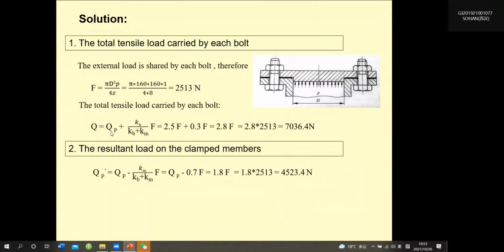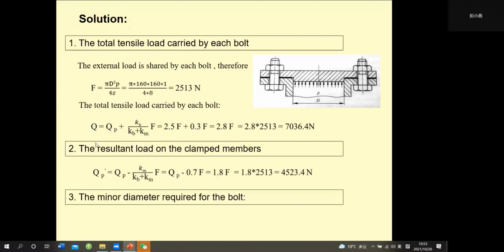You can use this equation on the PPT, or the equation in your book. Use this to calculate the stress, the force on the bolt and on the members, and then use this to calculate the minor diameter of the bolt. So any question?